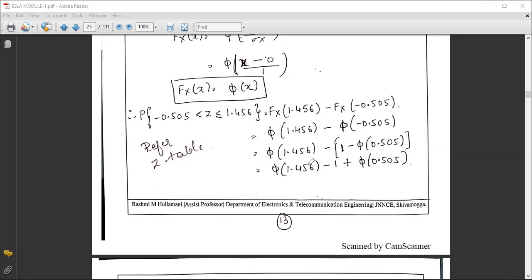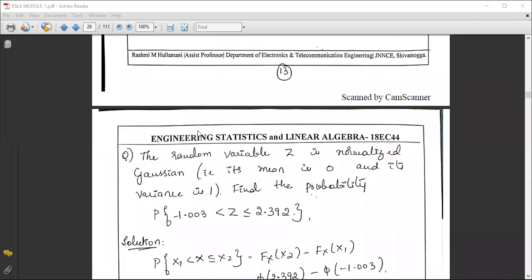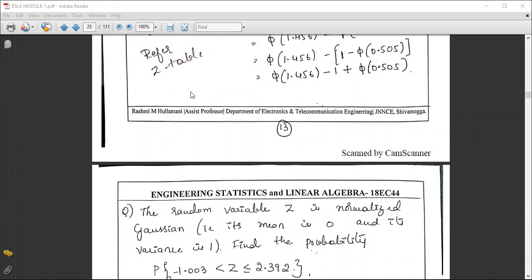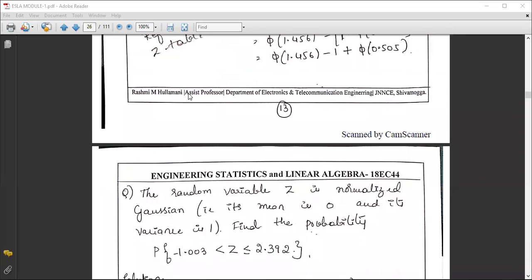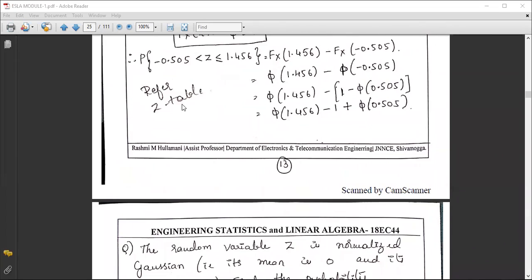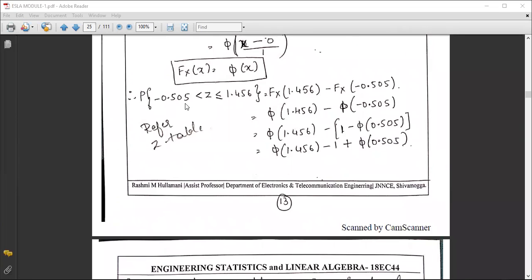So phi of 1.456 plus phi of 0.505 minus 1. Using the z table, we get the value. Okay.